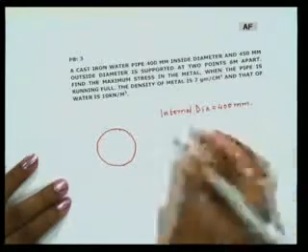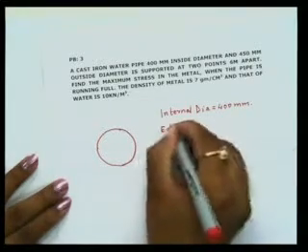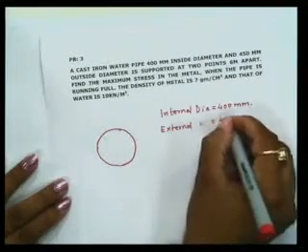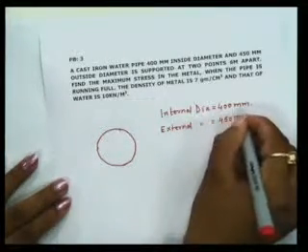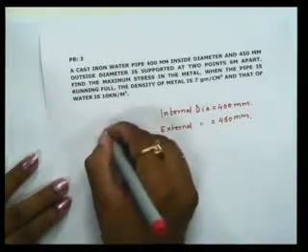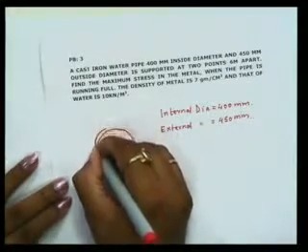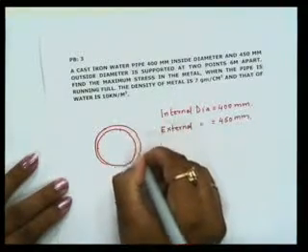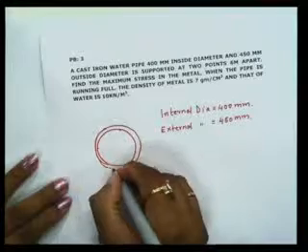Okay, and external diameter is equal to 450 mm, right? So we can show external diameter with another cross section.